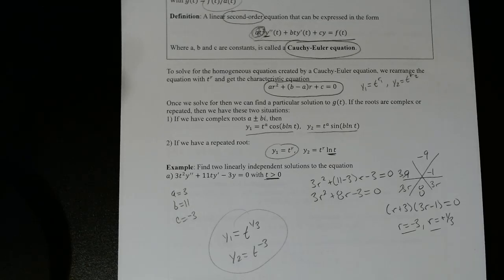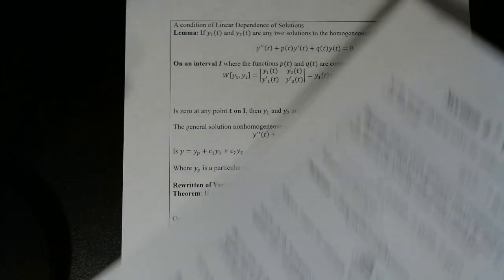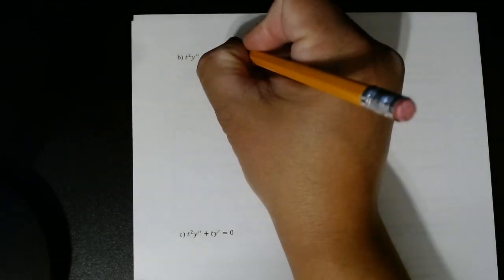Okay, let's try some more using these Cauchy-Euler equations in these situations here. In this case, a is going to be 1, b is 5, and c is also 5.